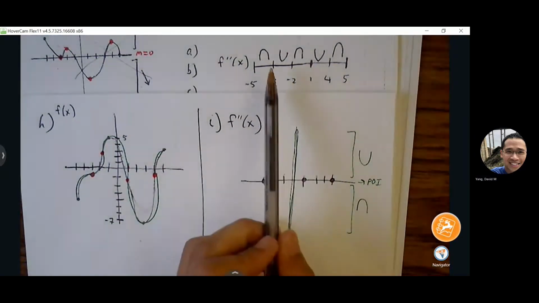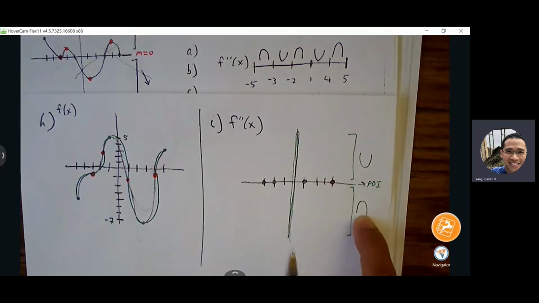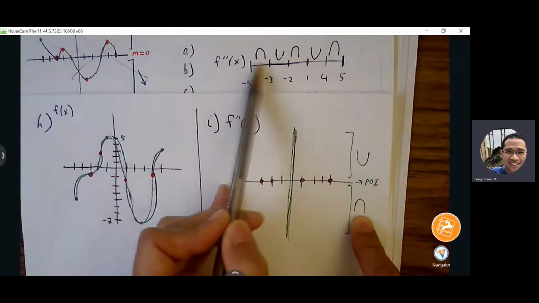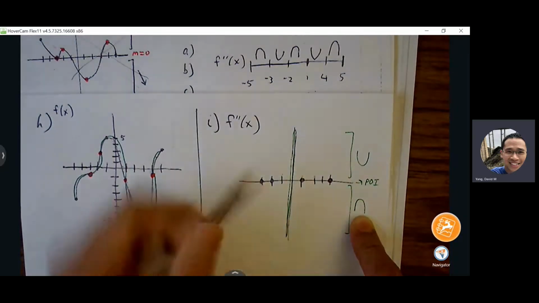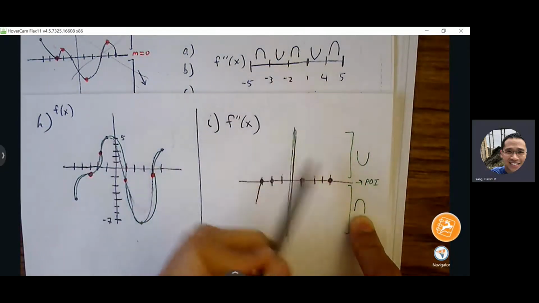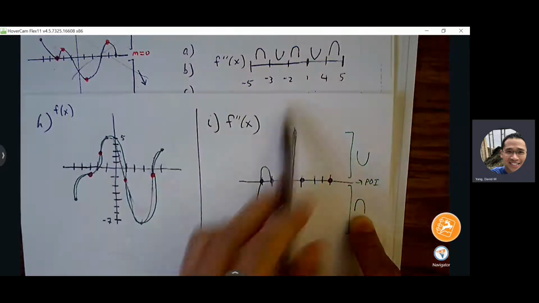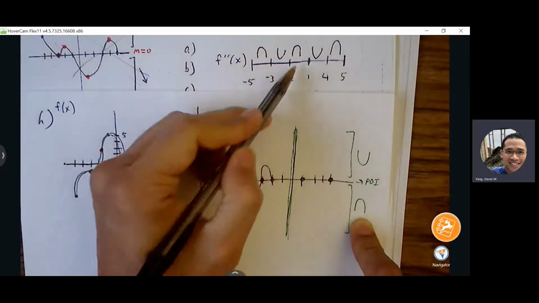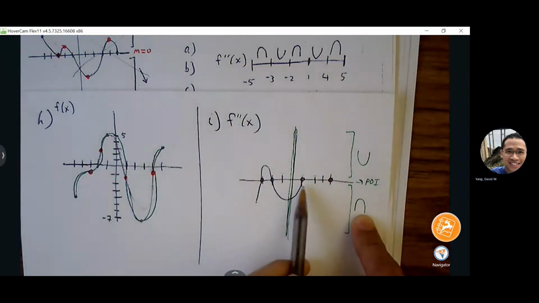Right. We want our graph to live based off of our labeling here. So between -5 and -3, we want the graph to live below, but it's got to connect to this point. So between -3 and -2 is sitting above, but has to loop back down. Between -2 and 1 is below, loops back up. Right.